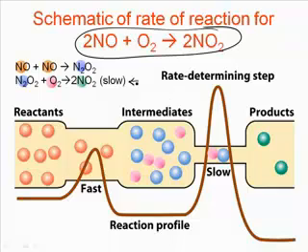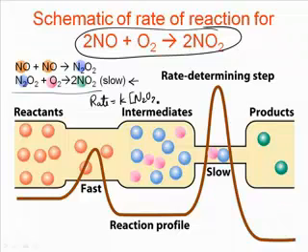Let me just, with this example up here, show the reason that you have to do a little bit of extra work. Look at this slow step here. What's our rate law? If we wrote the rate law for this, we would write that rate is equal to some rate constant times N2O2 times O2.